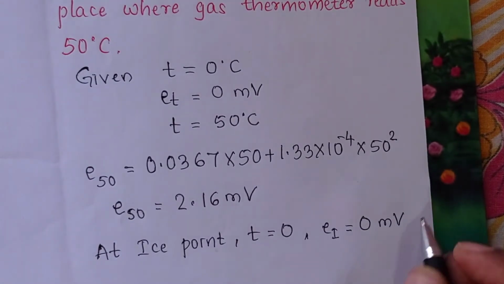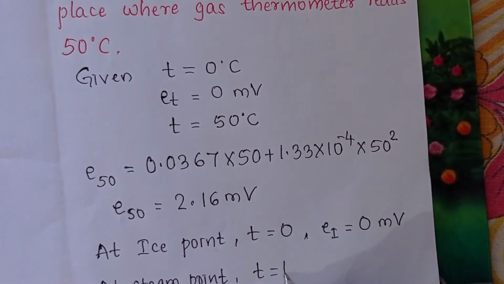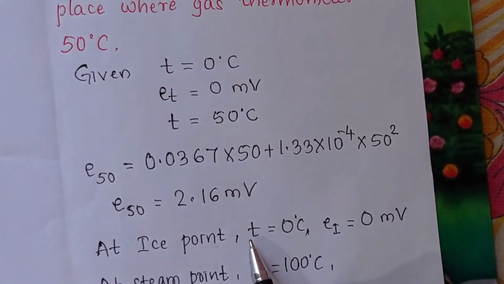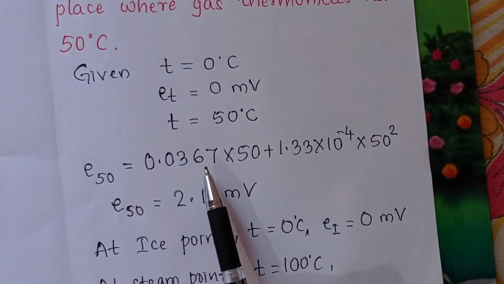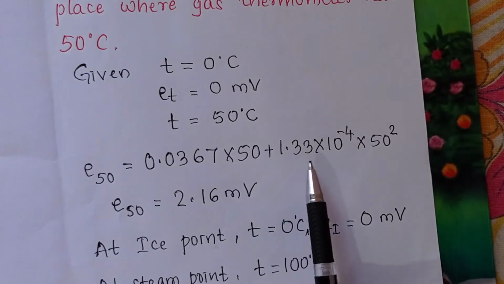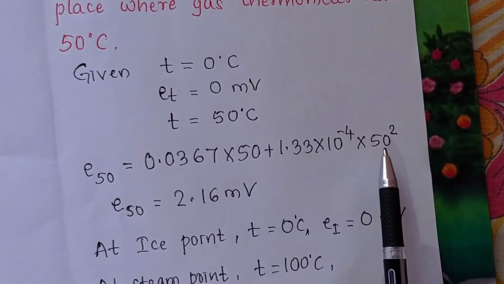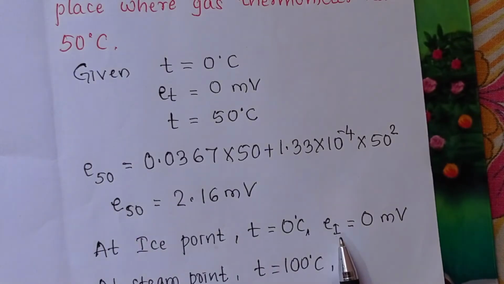Next, at steam point, when T is equal to 100 degree centigrade, we need to find out the value of ES. At ice point it is 0 because in the governing equation, 0.0367 T and 1.33 into 10 to the power minus 4 T square, both the terms have T. So when I substitute the value of T as 0, directly we will get for ice point, that is EI, is equal to 0.